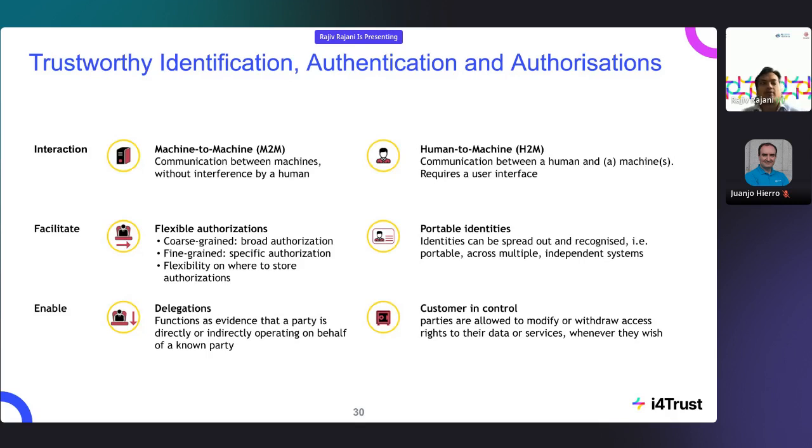This allows you to have authorizations from coarse grained to fine grained given to participants, and flexibility in terms of where these authorizations are stored. So data owners can choose where they want to keep their authorizations for their data, and it is not locked down to a particular application, server, platform, or organization in that manner. Portable identities.